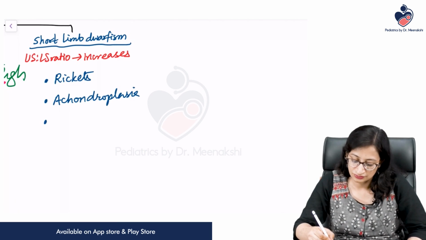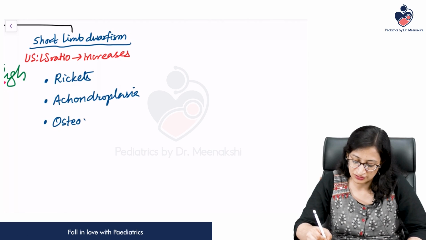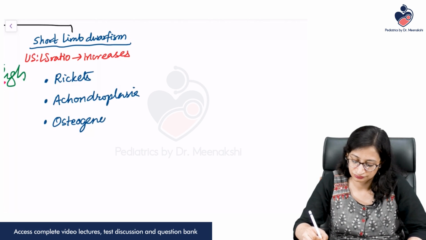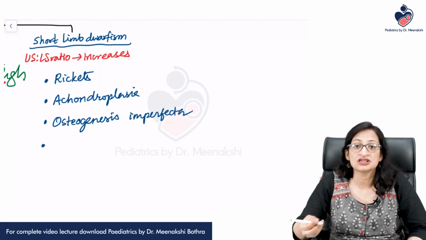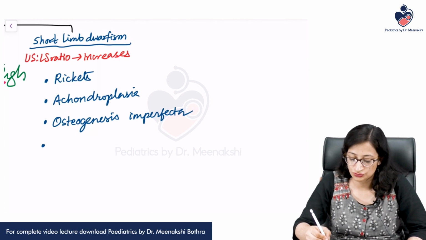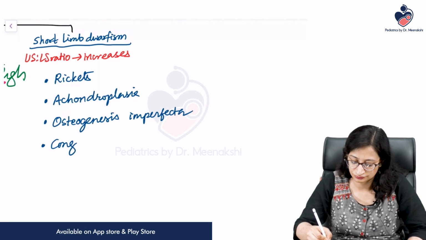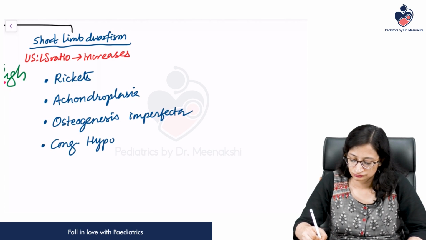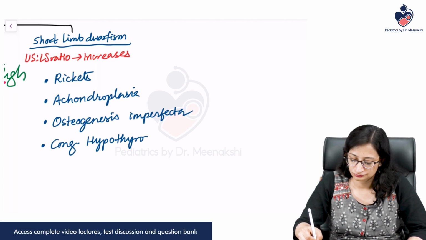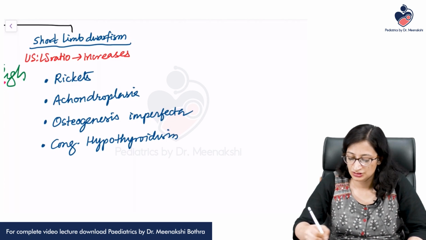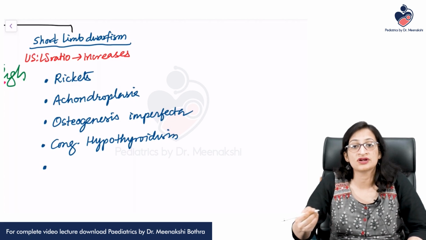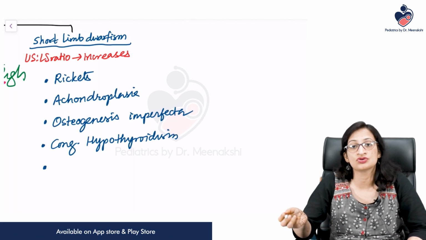Another condition where you get it is osteogenesis imperfecta. Congenital hypothyroidism also you can get short limb dwarfism. And conditions like chondroectodermal dysplasia. So, chondro means cartilage.